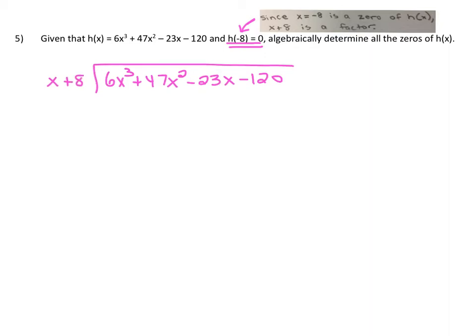We look at the first term and ask, what do I multiply x by to give me 6x cubed? I have to multiply it by 6x squared. So I'm going to put a 6x squared up here and distribute. 6x squared times x is 6x cubed, and 6x squared times 8 is 48x squared.